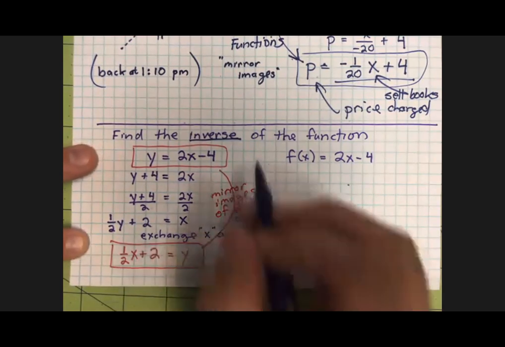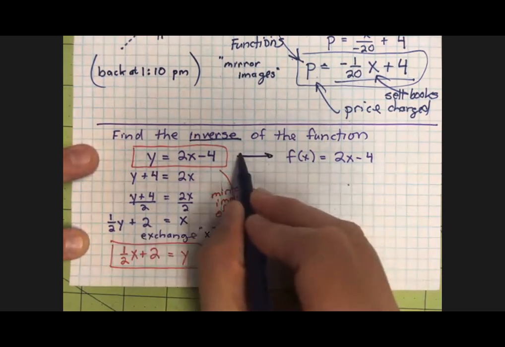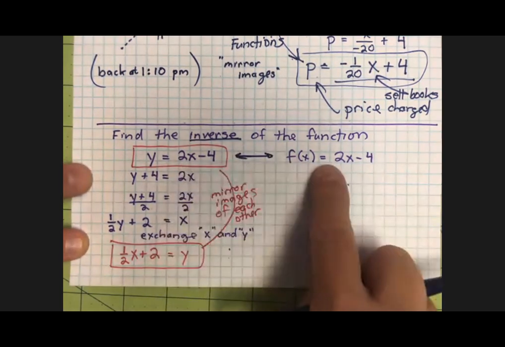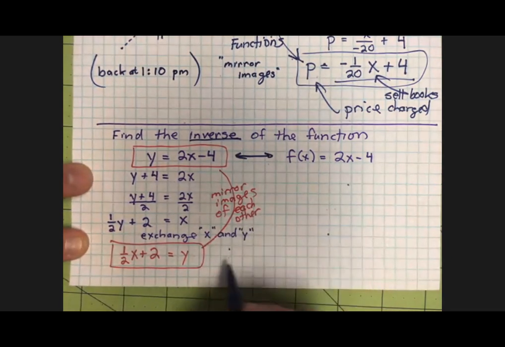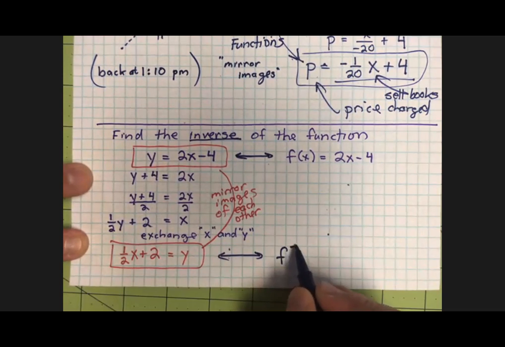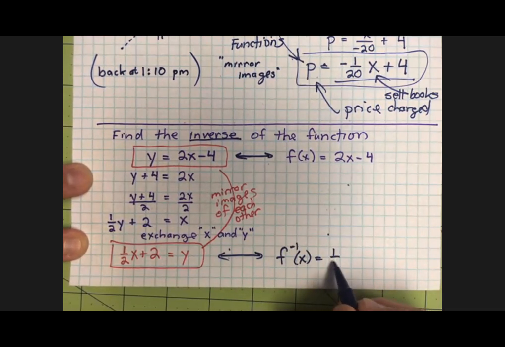Now, some people write it like this, that fancy notation, f of x equals 2x minus 4. And they also have a fancy notation for the inverse function, and they call it f inverse of x equals 1/2 x plus 2.